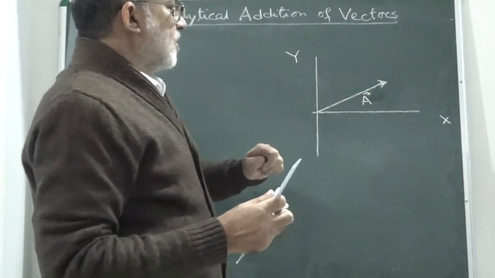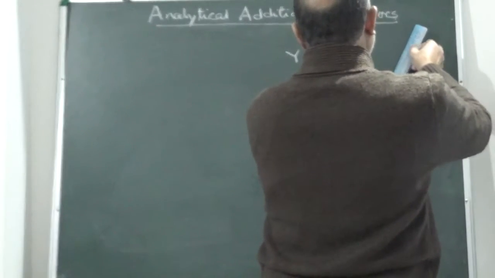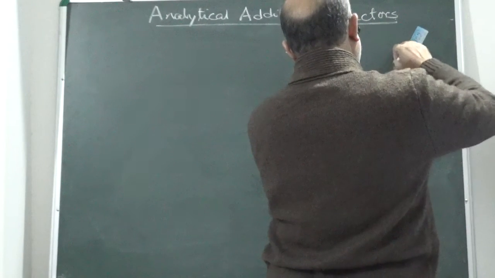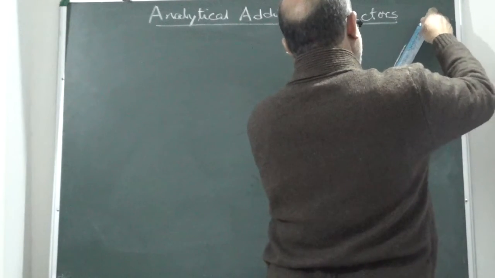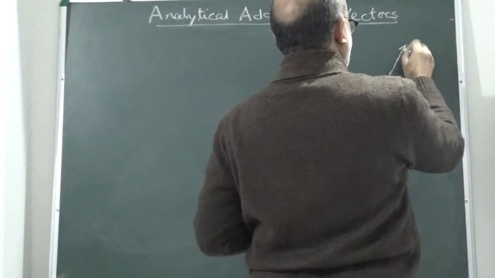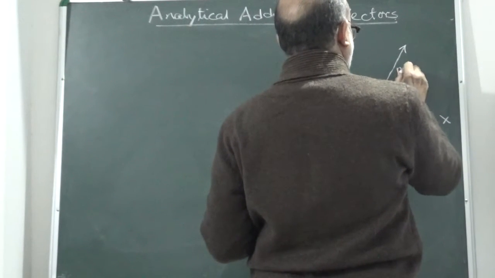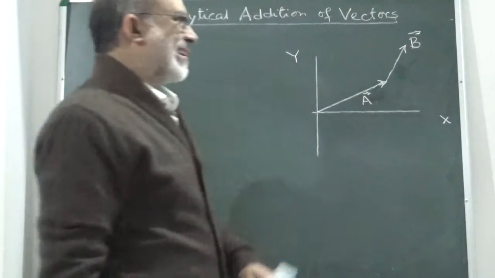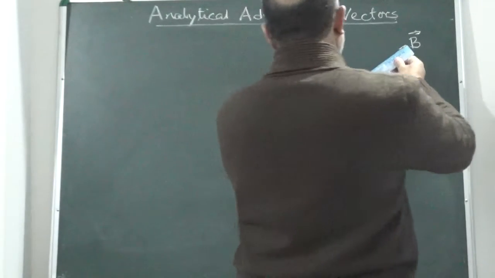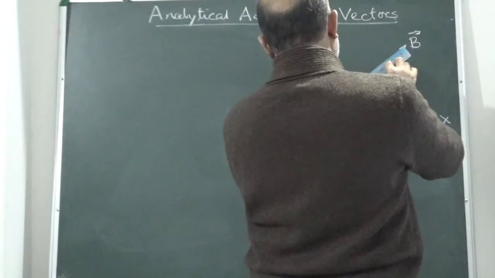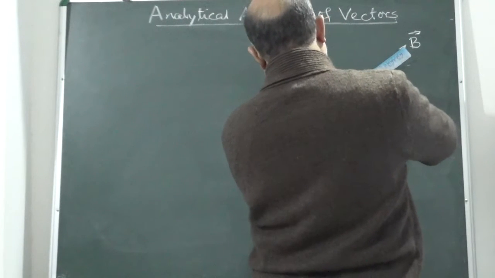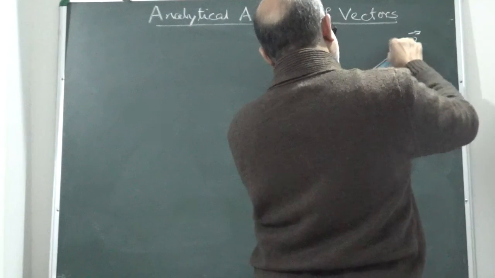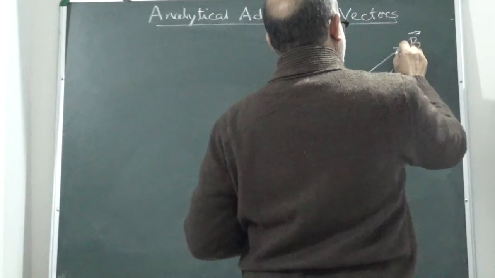Geometrically, addition means you have to draw the tail of the next vector on the head of the vector A. So suppose this is the vector B which we have added to vector A. The resultant will obviously be the straight line joining the tail of the initial vector to the head of the final vector, which is this.